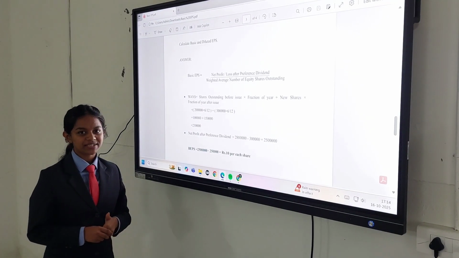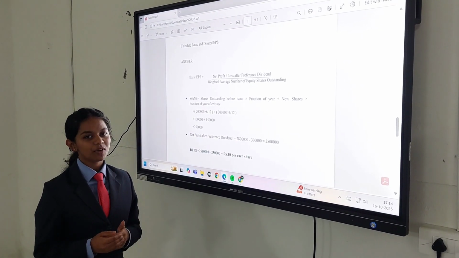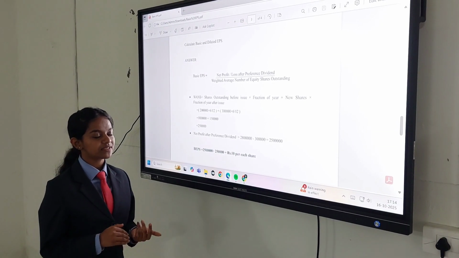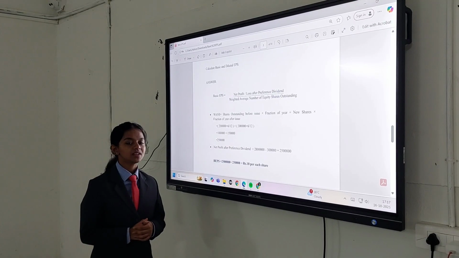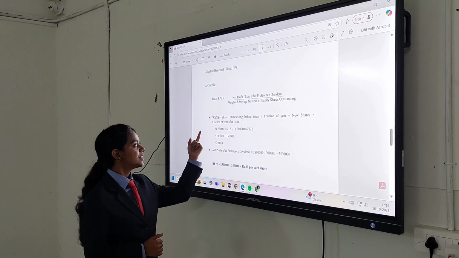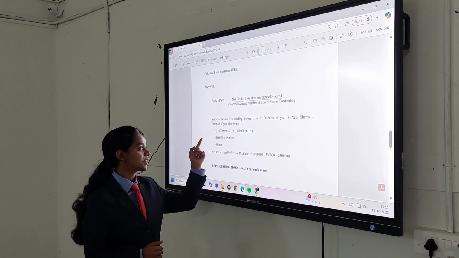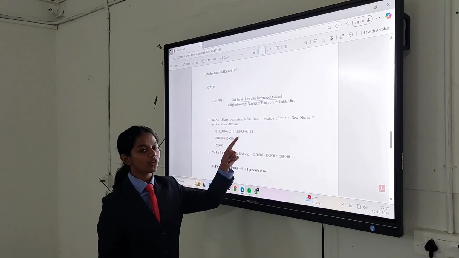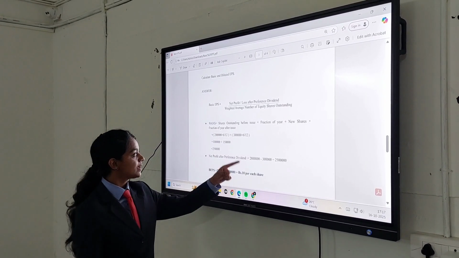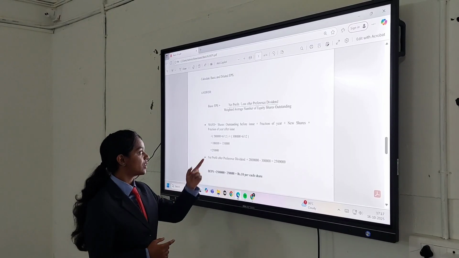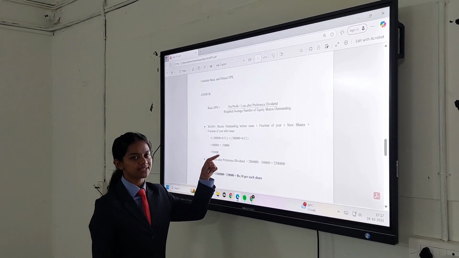The equation for basic earnings per share is equal to net profit or loss after preference dividend divided by weighted average number of equity shares outstanding. So let's calculate WANS. Here, the shares outstanding before issue is equal to 2 lakhs and fraction of year is 6 by 12 since it's January to June, and new shares is 3 lakhs and fraction of year after issue is 6 by 12.